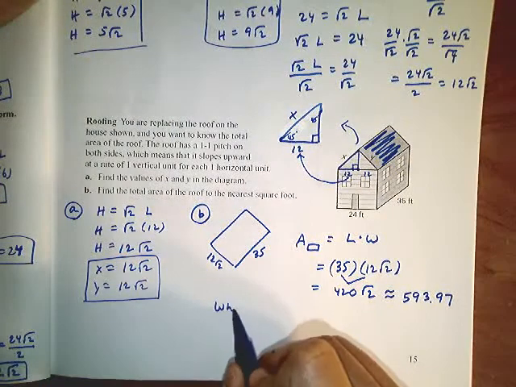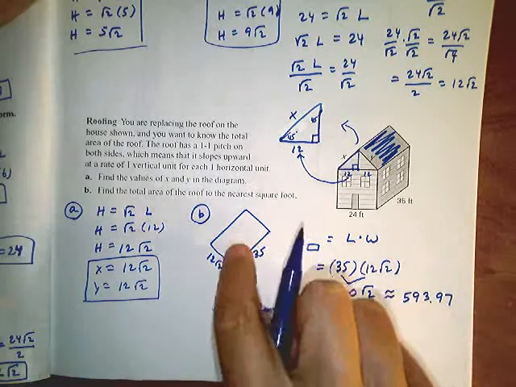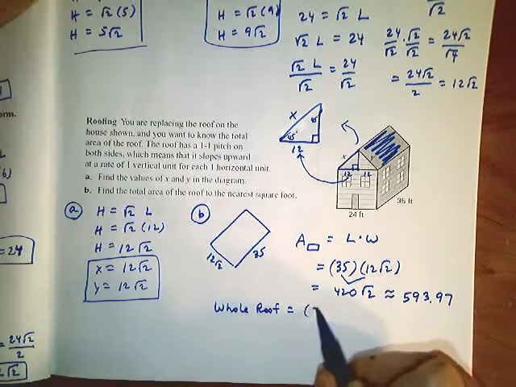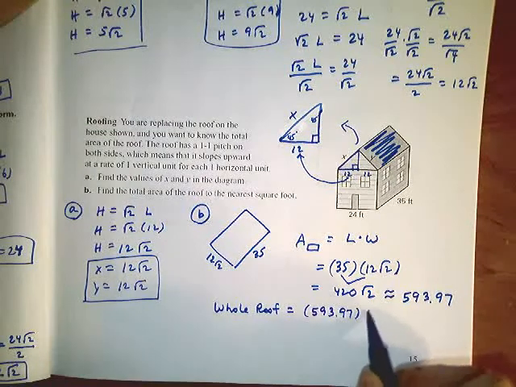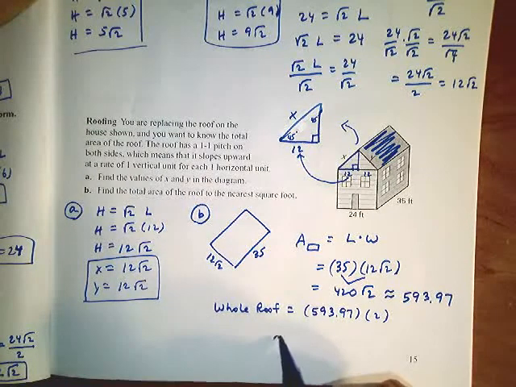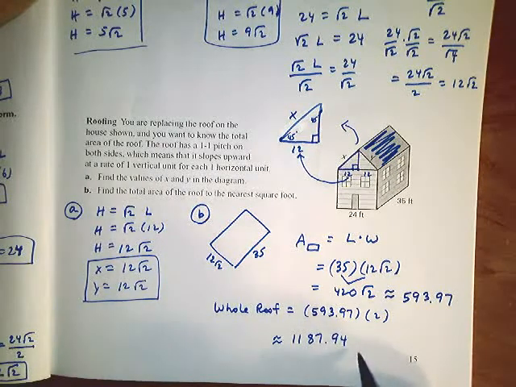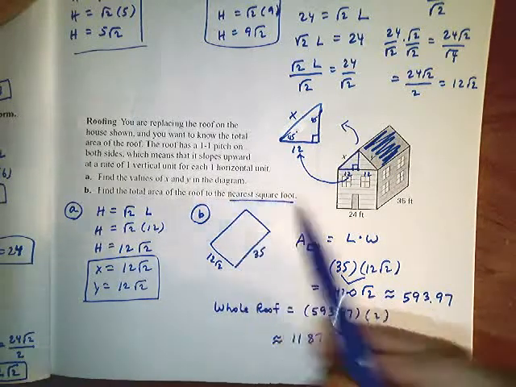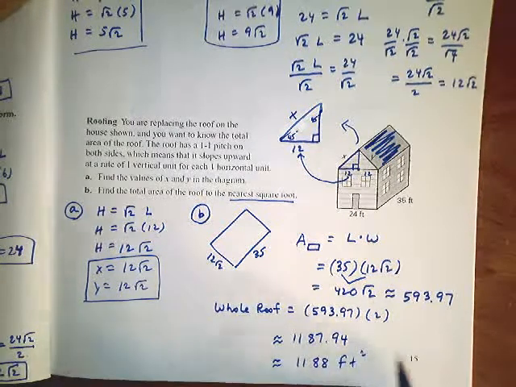So the whole roof is made up of two of these rectangles. So I'll take my value that I found here and double it. So I get an approximated answer of 1,187.94 square feet, but they want us to round that off to the nearest square foot. So that's about 1,188 square feet.